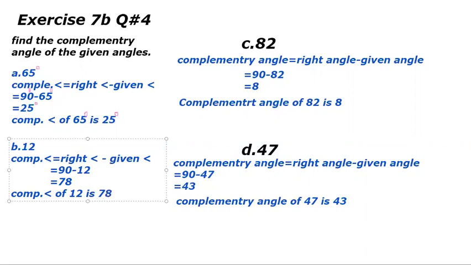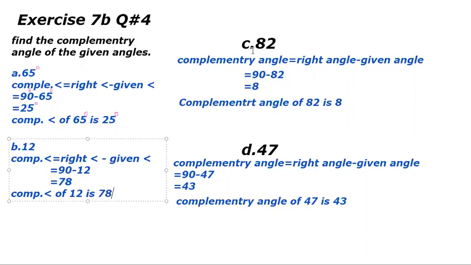I'm sorry, the complementary angle of 12 degrees is 78 degrees. According to the definition, two angles are complementary if their sum is 90. See, the sum of 12 and 78 is 90. That's why both angles are complementary to each other.